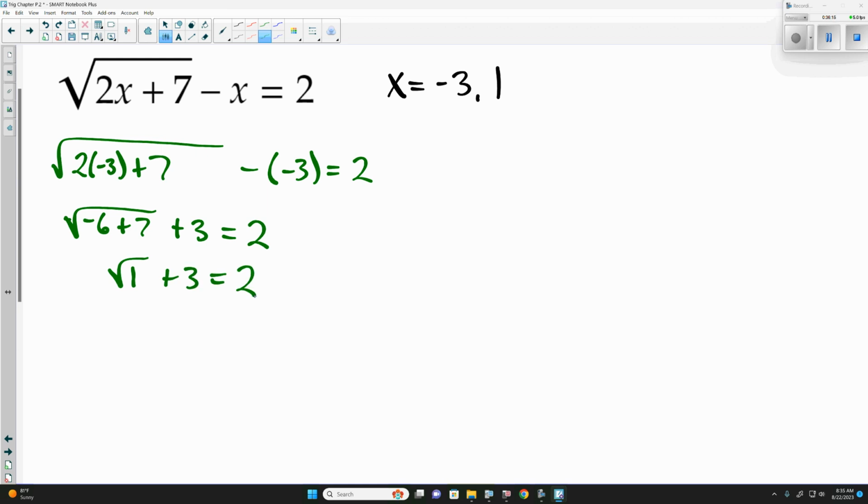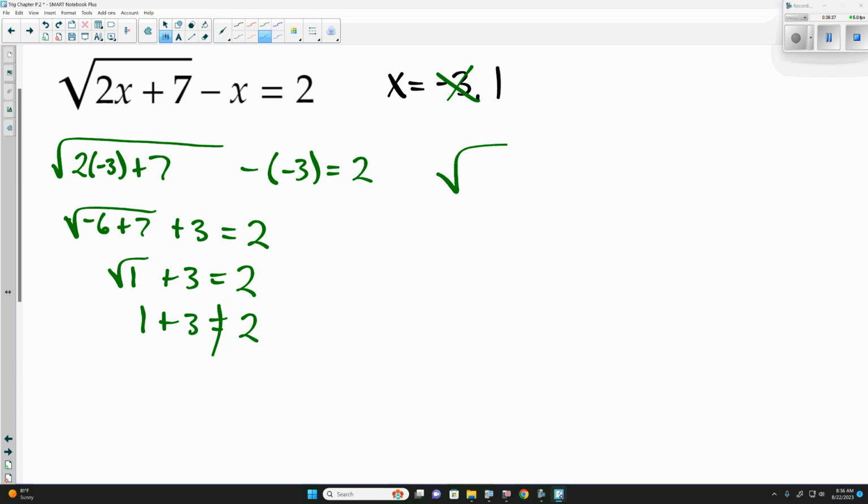Hey, we don't have a negative inside the radical, so that's good. Square root of 1 is 1, plus 3, equal to 2? No. So even though it didn't cause a problem inside the radical, it didn't work with our overall problem.